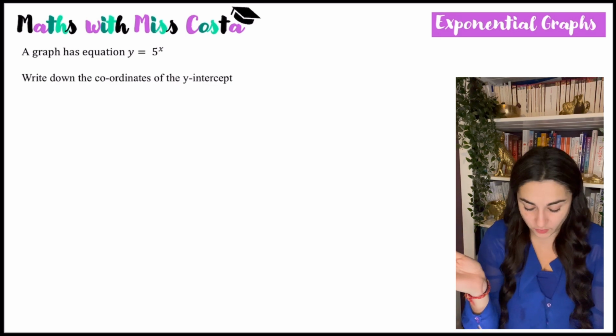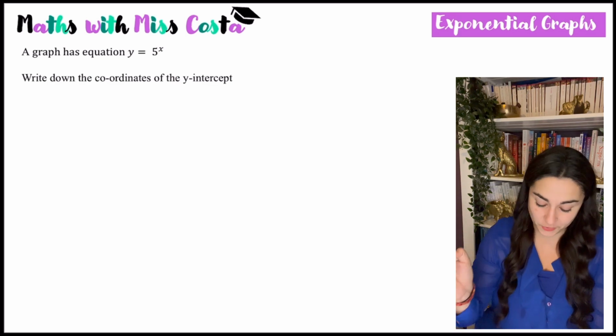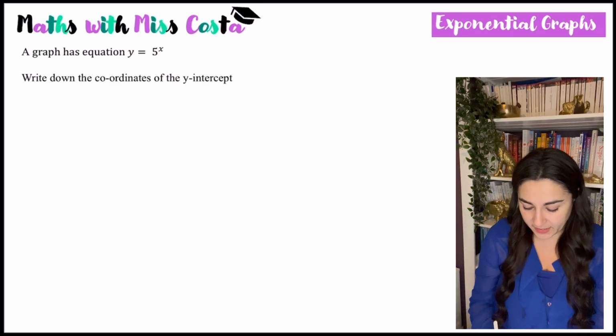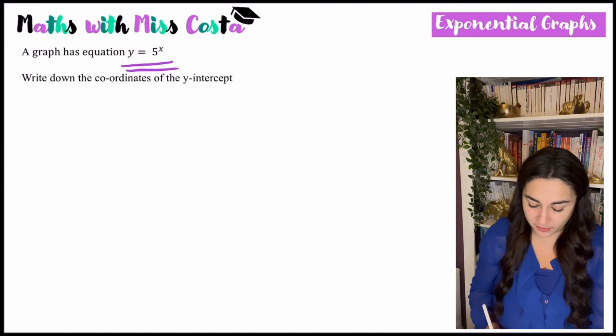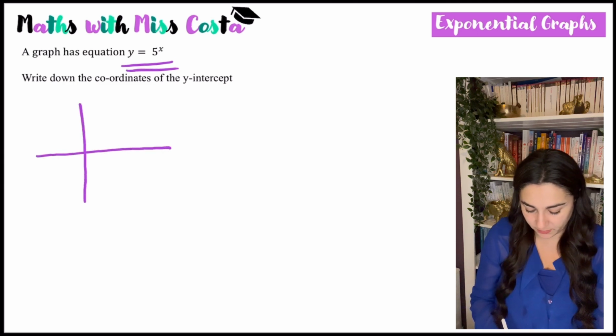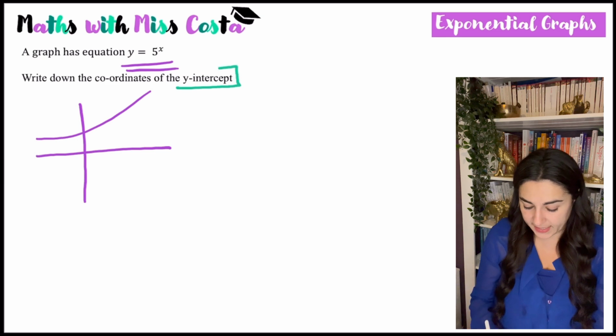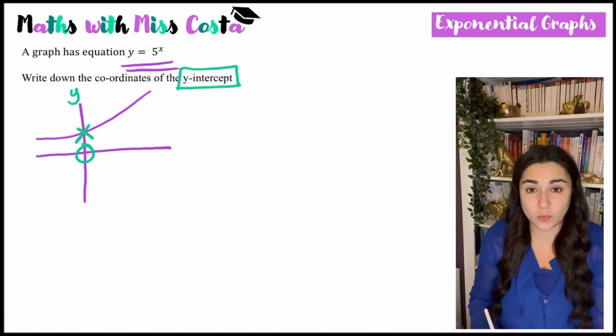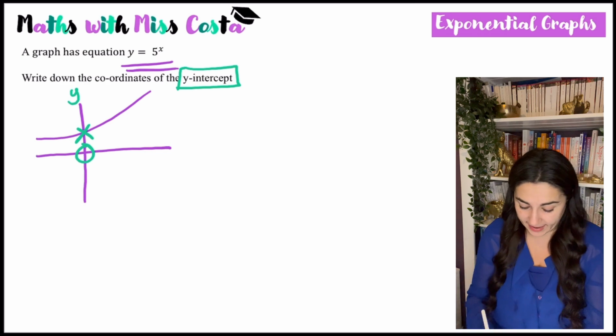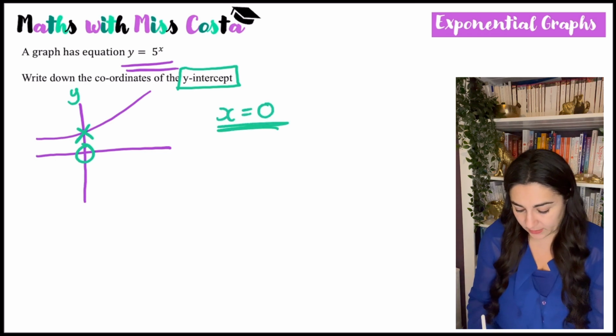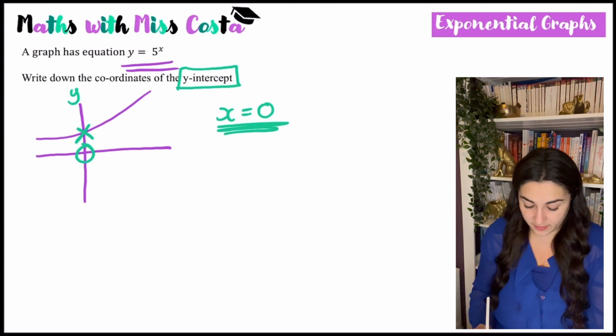So here we're dealing with exponential graphs, and it tells me that a graph has equation y equals 5 to the power of x, and I need to find out the coordinates of the y-intercept. The y-intercept is where the graph crosses the y-axis, and at the y-axis the value of x is always 0, so we can work that out by substituting x equals 0 into the equation of the graph.